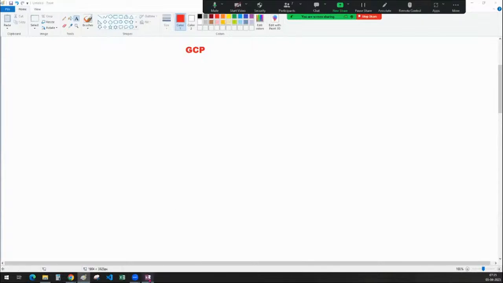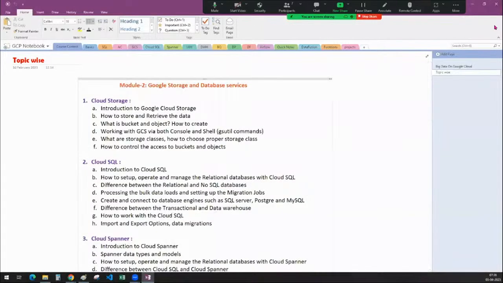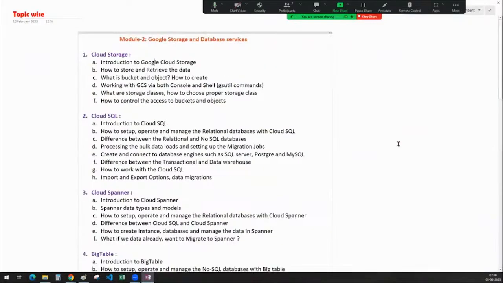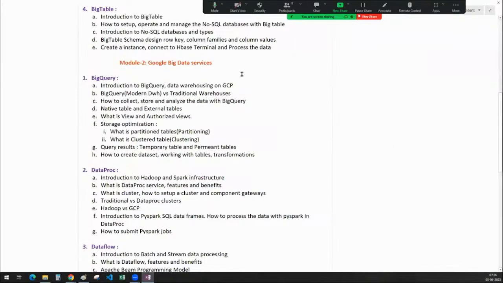Let me tell you the course content first. So here is the course content, guys. As I mentioned, Google Cloud Platform provides a pool of cloud computing services such as Google Storage and database services, as well as Google Big Data Services.